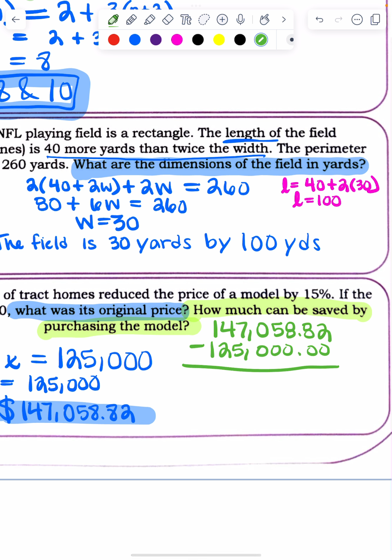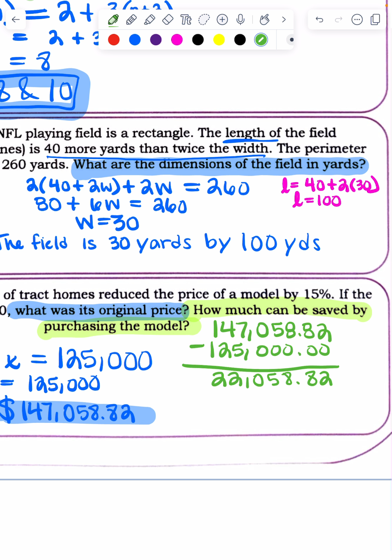So then my answer is going to be 22,058.82. So when you're doing this, make sure you're not adding or anything like that, because that can mess you up. And then making sure we're subtracting, because we are asking not for the difference, but the money that you save, which is still considered the difference in the two numbers.